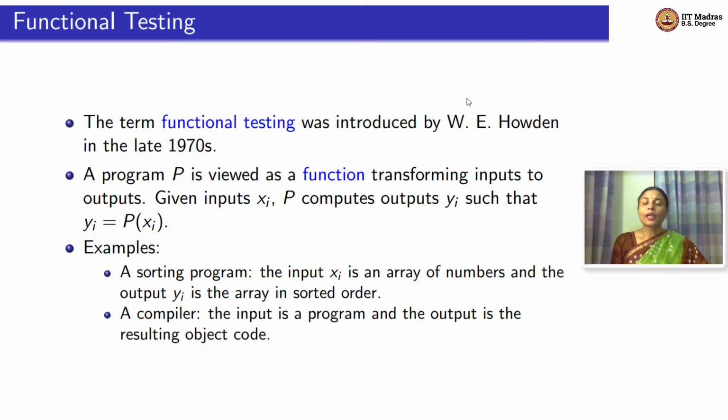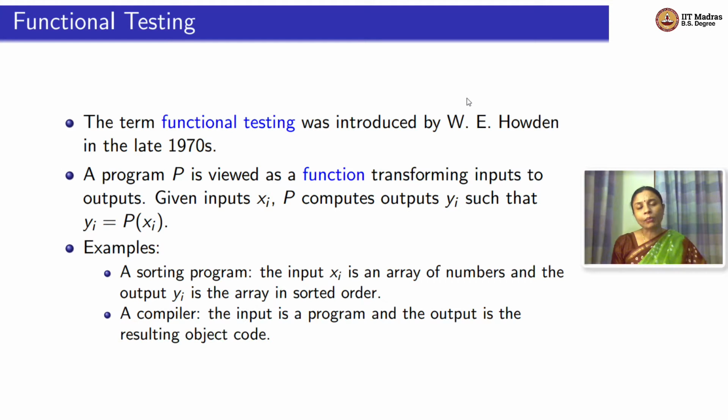For example, suppose I write a program to sort an array of numbers, quick sort or bubble sort. So the sorting program can be thought of as a function that transforms an input xi of an unsorted array of numbers and produces an output which is the array in the sorted order. Similarly, let's say I have a Java program, and I pass it through a compiler to make it executable.